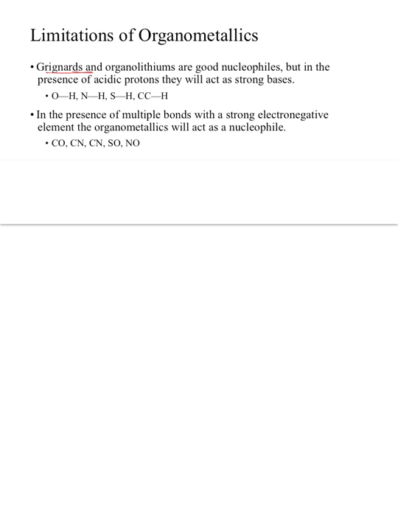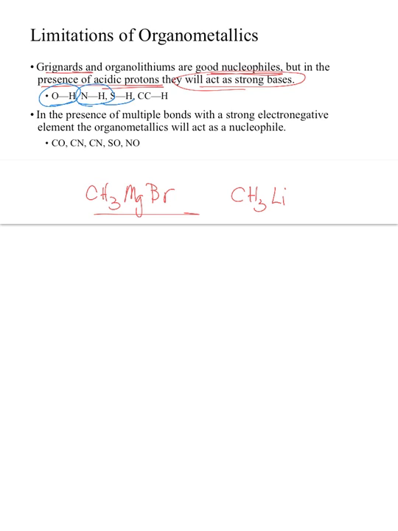Grignards, remember this is the Grignard, methyl Grignard, and organolithiums are good nucleophiles, but also in the presence of acidic protons they will act as strong bases. So this is where you find them: a hydrogen bonded to an oxygen, a hydrogen bonded to a nitrogen, a hydrogen bonded to a sulfur. This is your acetylide, a terminal CC hydrogen.